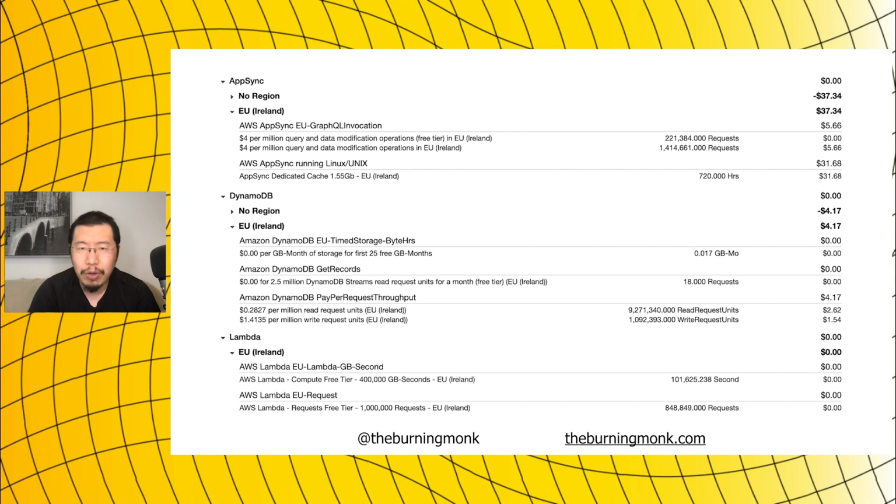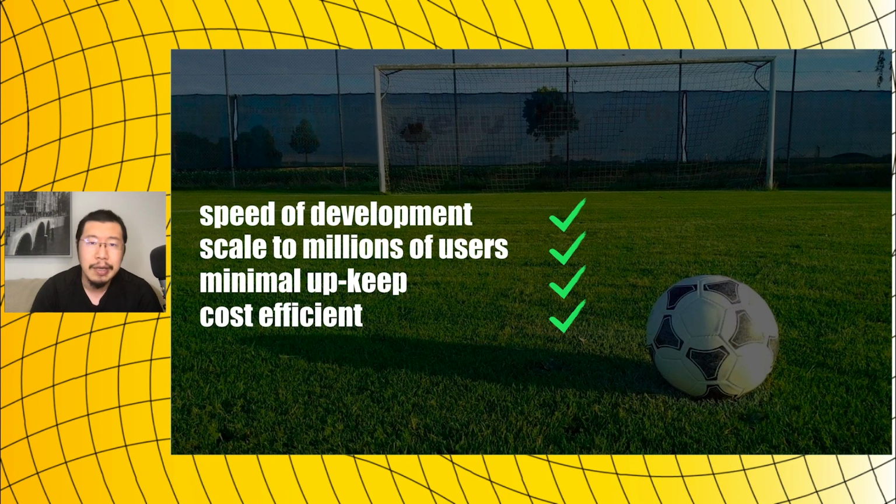And most of that was just on the AppSync caching. And considering that we were using about 5% of the cache capacity, that $31.68 is going to stay pretty flat even as we grow our traffic by 10x. And it's going to save us tons of money on Lambda and DynamoDB costs. Besides what you see here, there's another $15 or so for CloudWatch logs and X-Ray. So all in all, pretty reasonable price to pay for something like this.